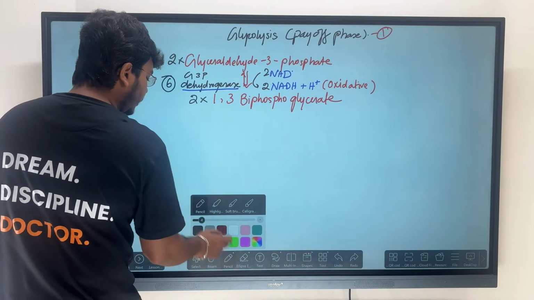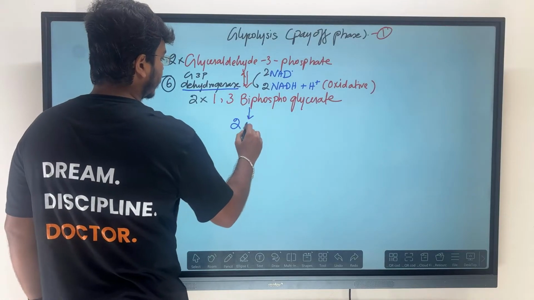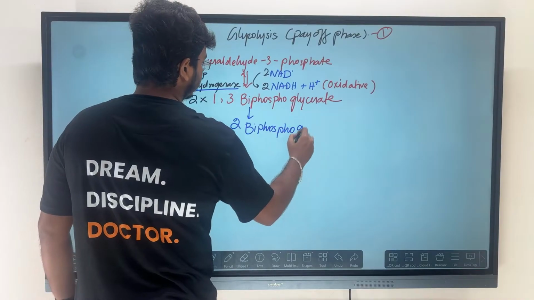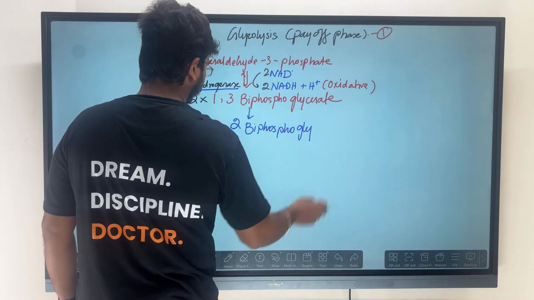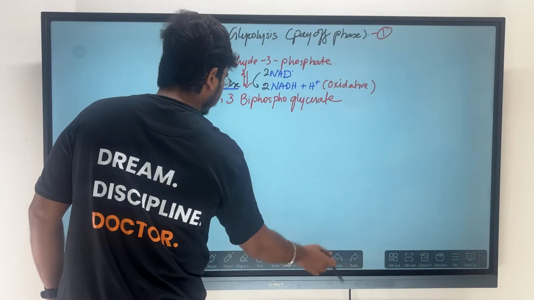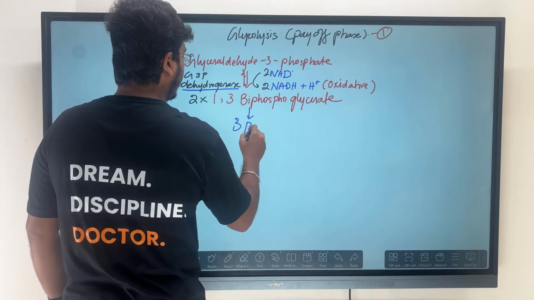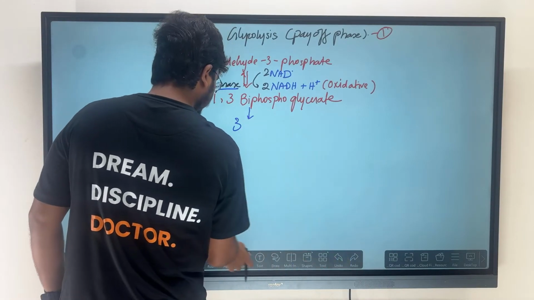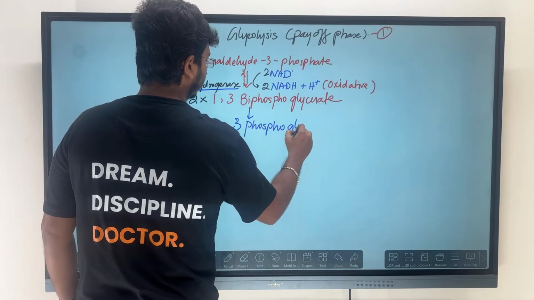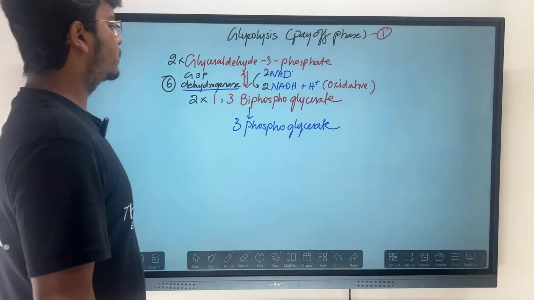And now this 1,3 bisphosphoglycerate gets converted into 3-phosphoglycerate.